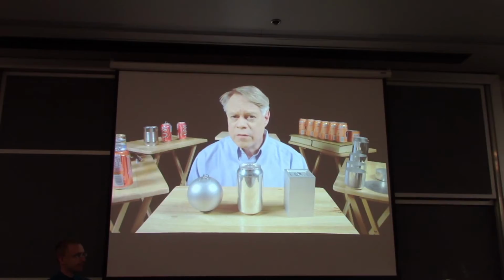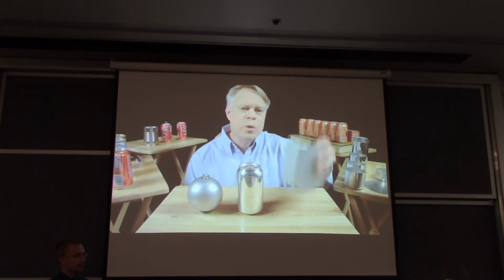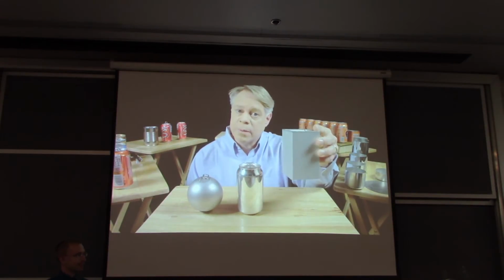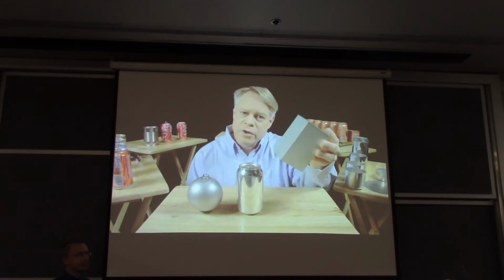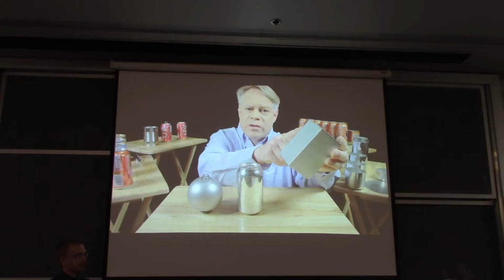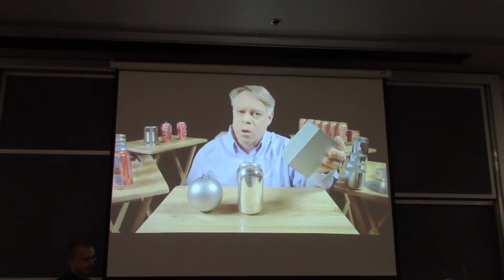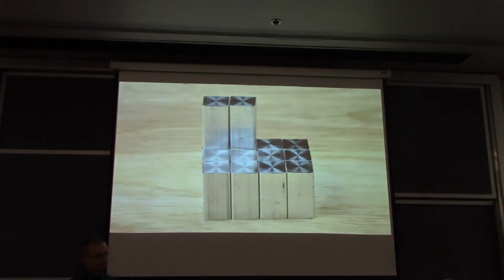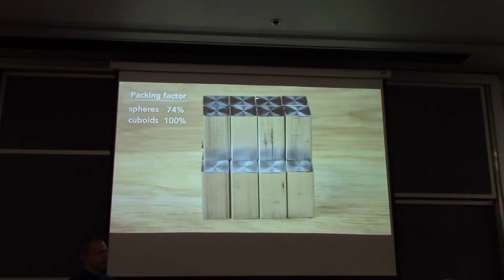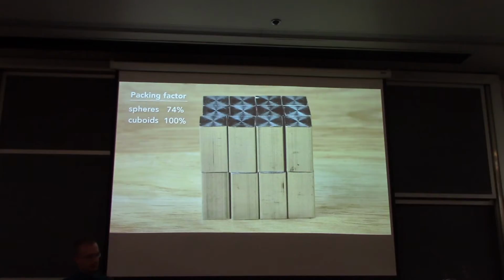An engineer could solve this problem by making a cuboid-shaped can. It sits on a table, but it's uncomfortable to hold and awkward to drink from. And while easier to manufacture than a sphere, these edges are weak points and require very thick walls. But the cuboid surpasses the sphere in packing efficiency. It has almost no wasted space, although with the sacrifice of using more surface area to contain the same volume as the sphere.